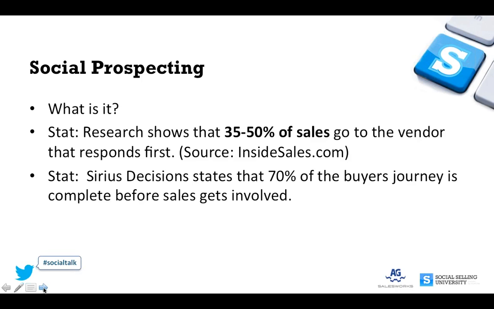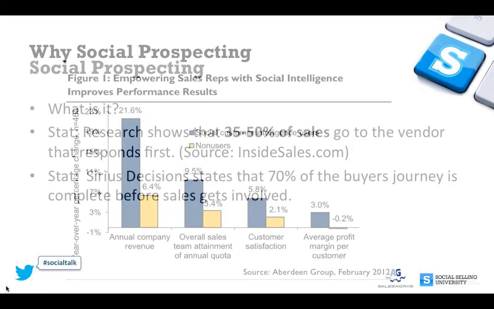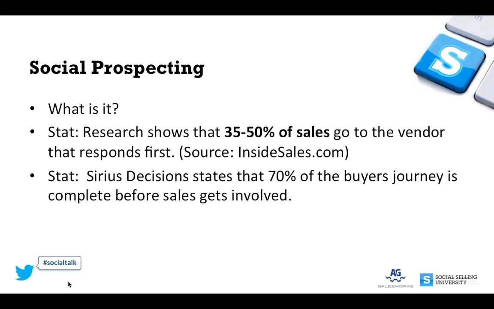And I know, Coca, you've already touched upon InsideView and some of the capabilities it has in drawing from those sites. The other aspect of social prospecting is not only leveraging social networks to identify key targets, target accounts or decision makers, but also utilizing the data and intelligence extracted from these sites to engage with your targets in a real-time fashion. If you stay on this slide for a second, Coca, the power of being able to respond in real time is illustrated in that first stat that came from InsideSales.com.